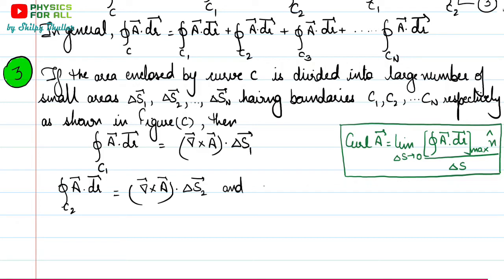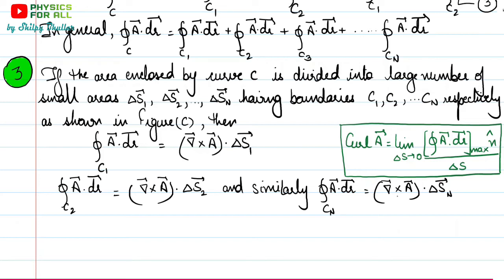And similarly, for the vector function A and its line integral along the curve Cn, that would be equal to the curl of vector function A dot delta Sn. So we can write this for a number of surfaces having a number of curves. So this is the line integral for individual surfaces.